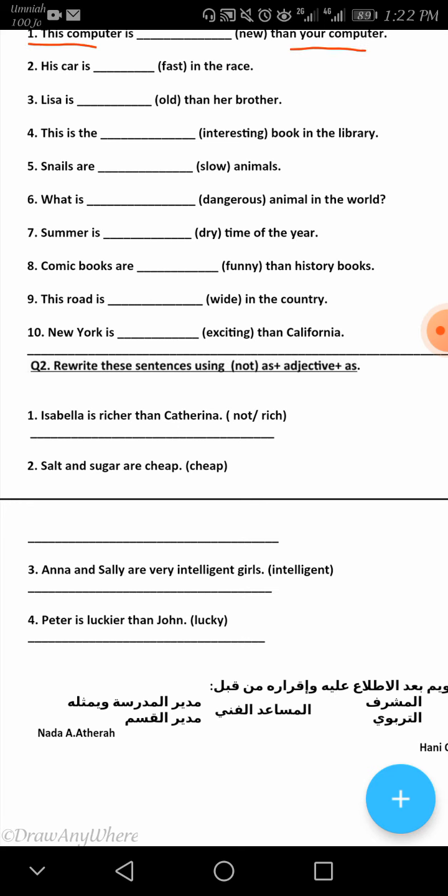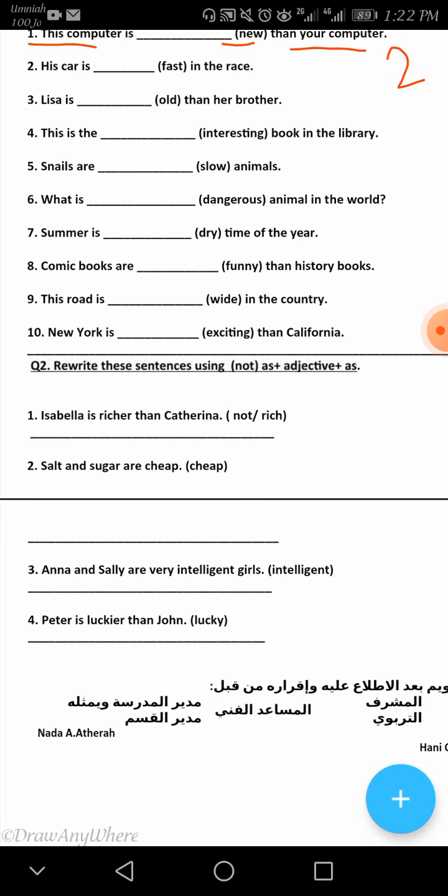So here is it comparative or superlative? We have two things and the adjective new. So then I ask, new, short adjective or long adjective? Try to change the word in the space. His car is ___ fast in the race.